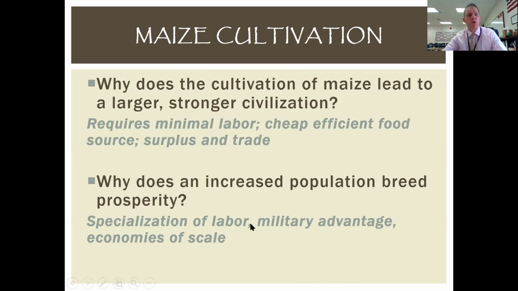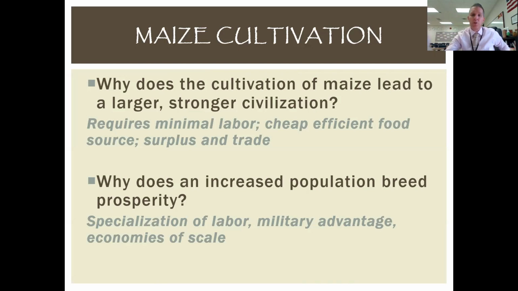There are more people to do different kinds of work. Not everyone is engaged in the work that is going to keep people alive, because there's food on their plates. So you get astronomers, you get scientists, and you get engineers of sorts. All these kinds of people working within a society is going to breed a more prosperous society.